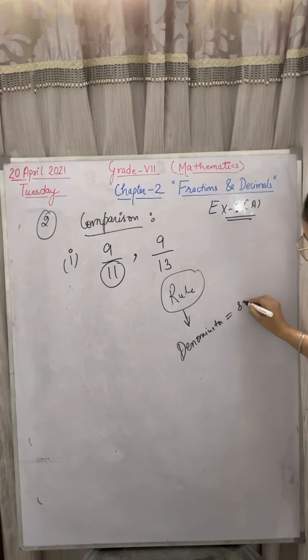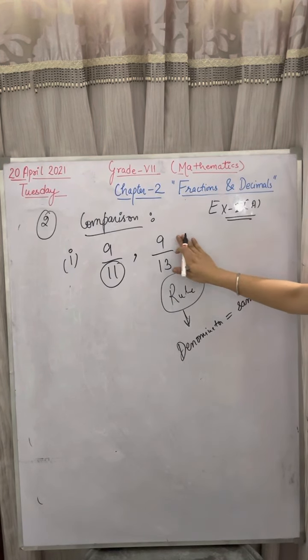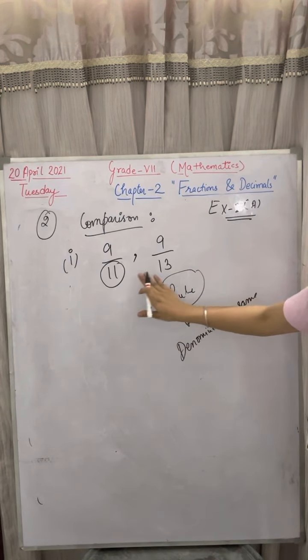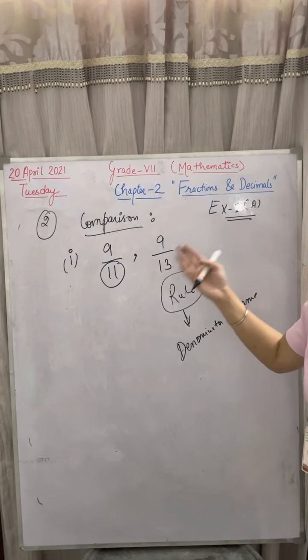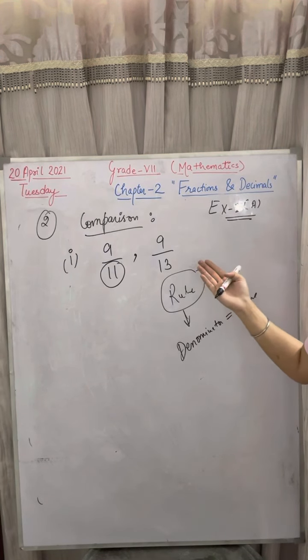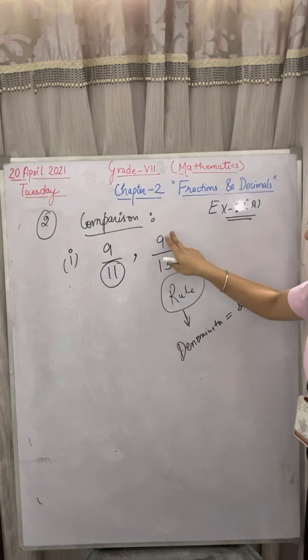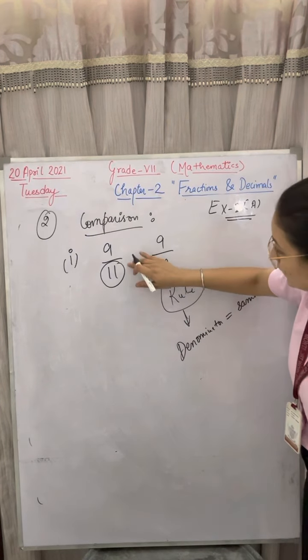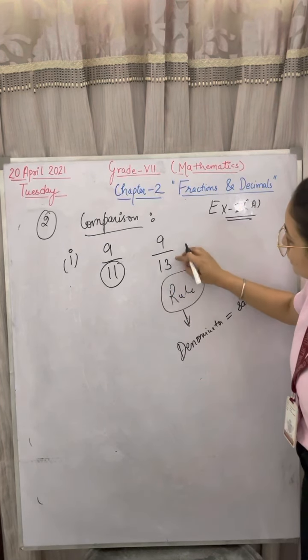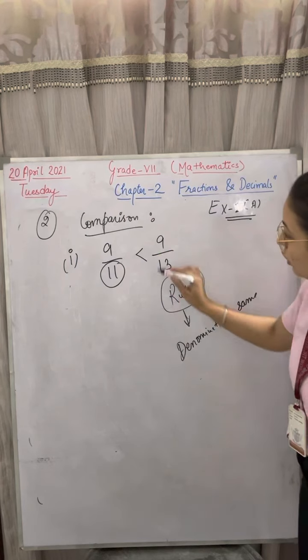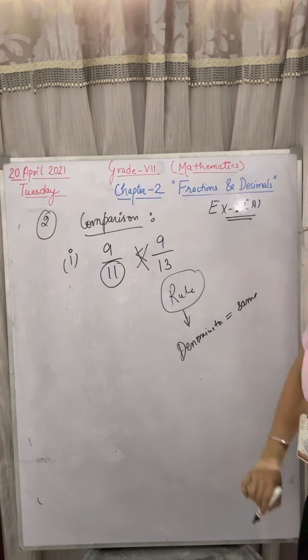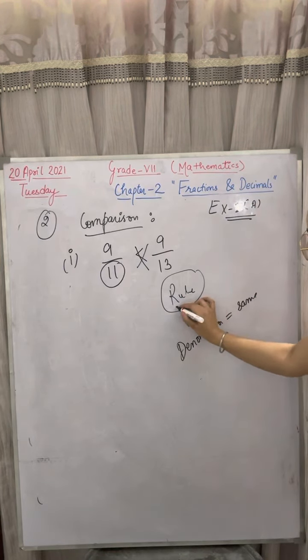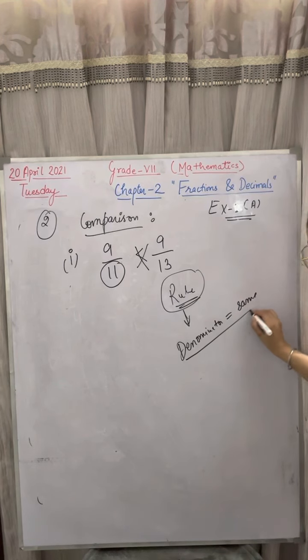Here the numerator is same but the denominator is different, so we can't judge. Some are saying 9 upon 11 is smaller and 9 upon 13 is bigger. No, this is not the answer. There is a rule of comparison that denominators should be same.